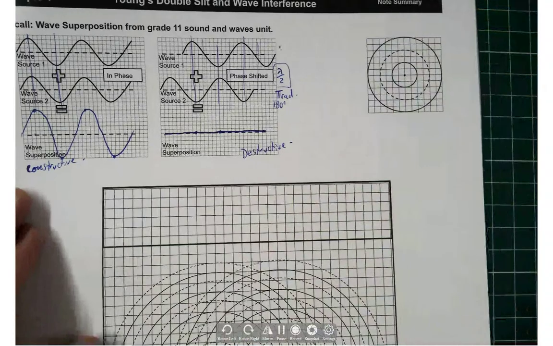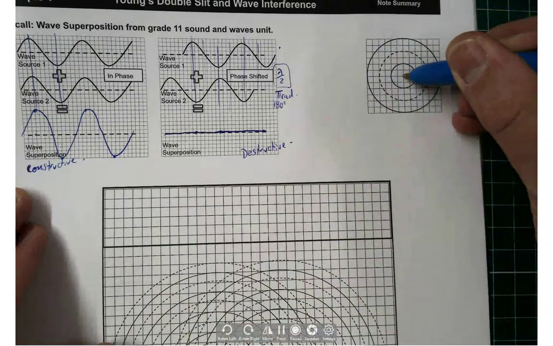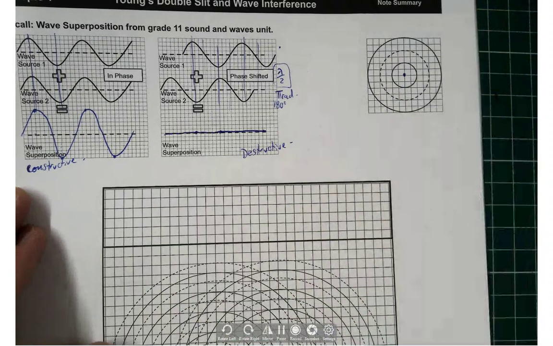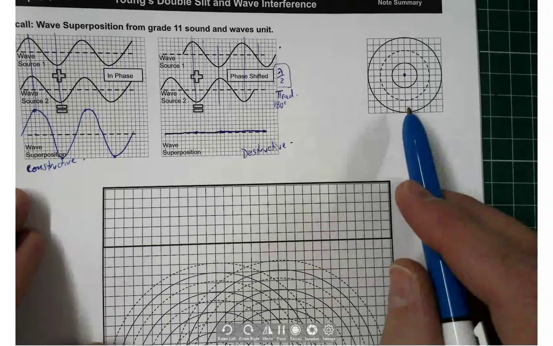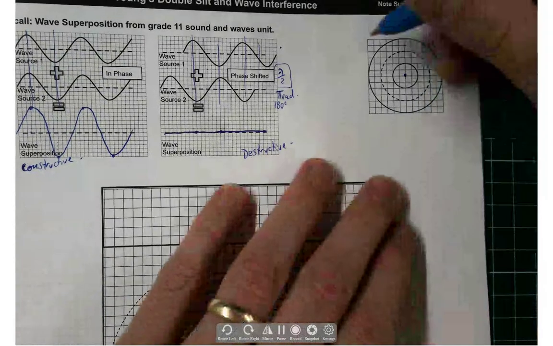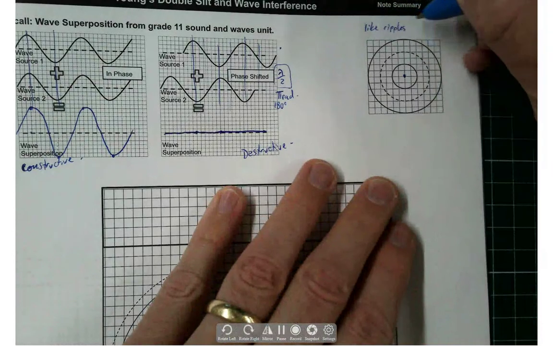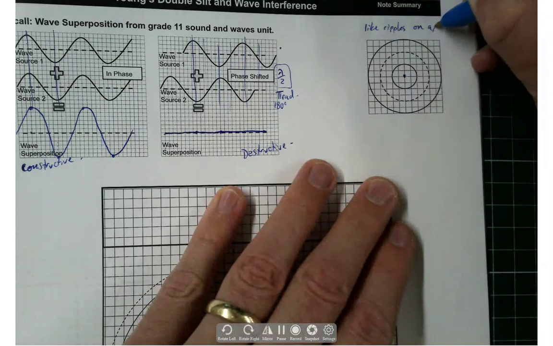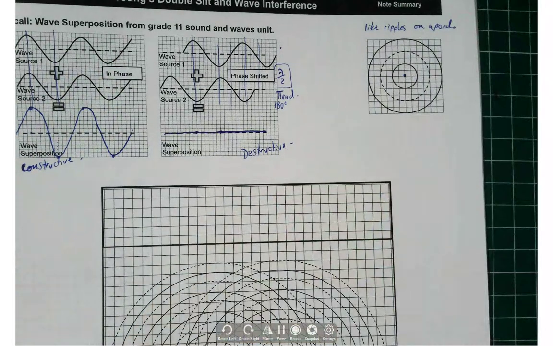Another thing that I think about when I think about waves is this idea that if I have a wave that comes from a single point and I'm thinking about a two-dimensional universe, those waves would ripple out as ripples on a pond. And we have kind of a coding thing that's going on here, and the code goes like this.